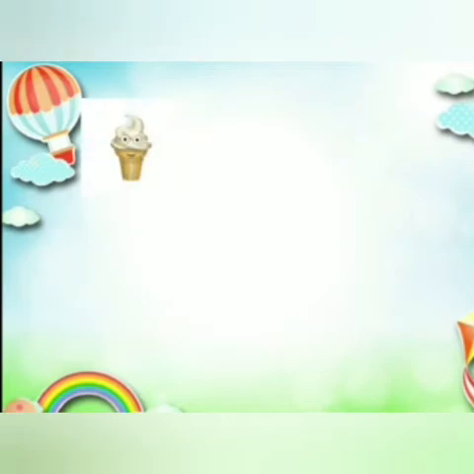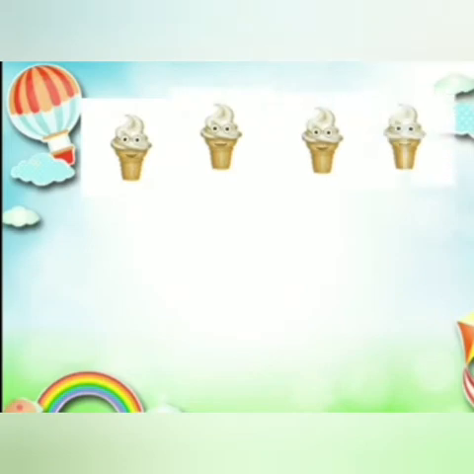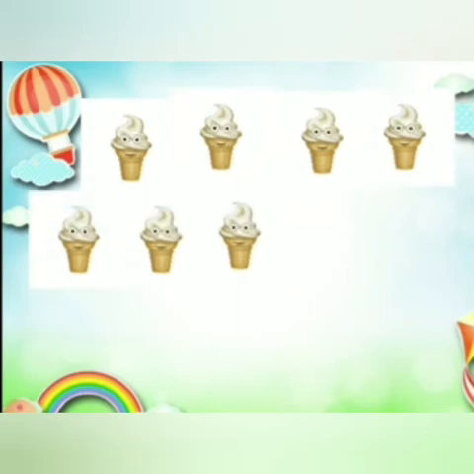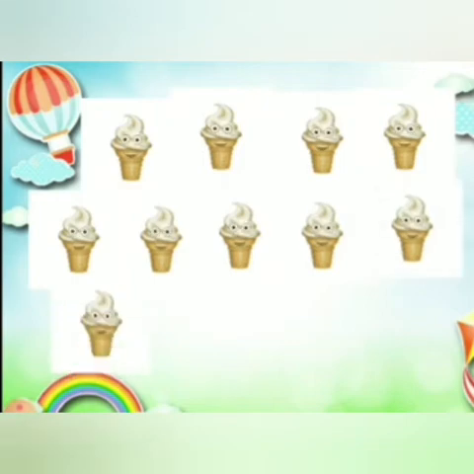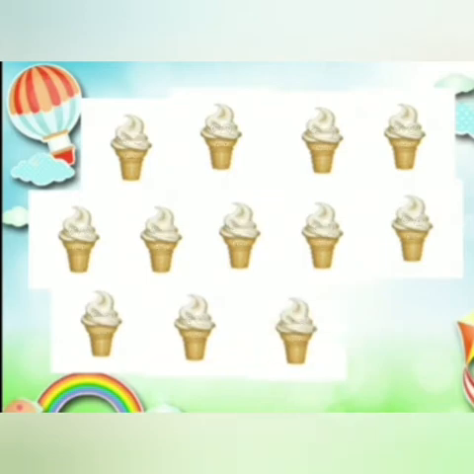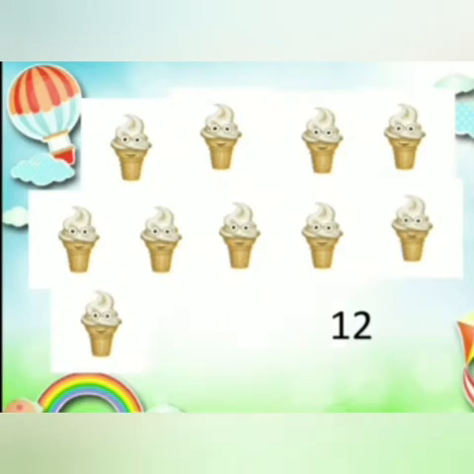Ice creams. 1, 2, 3, 4, 5, 6, 7, 8, 9, 10, 11, 12. There are 12 ice creams. After 12, if I eat 3 ice creams, so we will take out 3. 1, 2, 3.